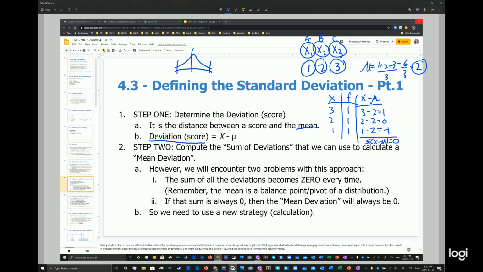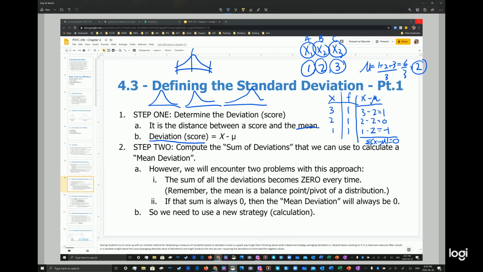It doesn't matter if it's symmetrical, positively skewed, negatively skewed, bimodal, it doesn't matter. When we subtract a score from the mean, and we do this for every score and get a deviation score, and we do simple addition to get the mean as we are familiar with, that's not going to be enough, because the positive deviation scores are going to cancel out the negative deviation scores.